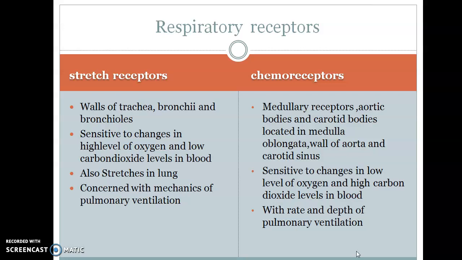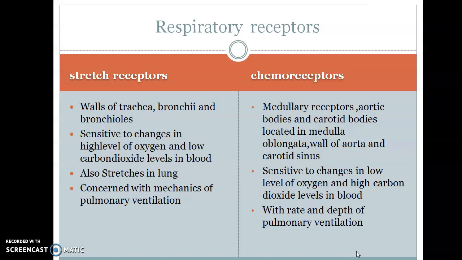The medullary receptors are located in the medulla oblongata. In the wall of the aorta, we have the aortic bodies, and in the carotid sinus, that is the dilated region of the internal carotid artery, we have the carotid bodies. Chemoreceptors are sensitive to changes in oxygen and carbon dioxide level in the blood, especially to low oxygen and high carbon dioxide level.